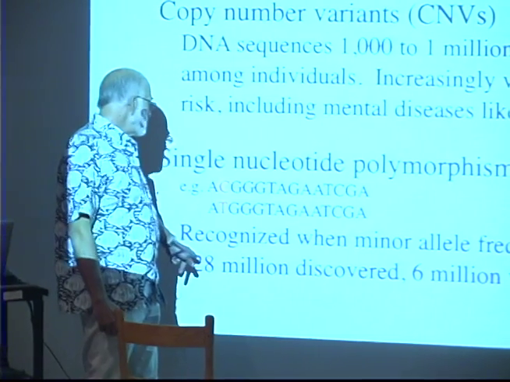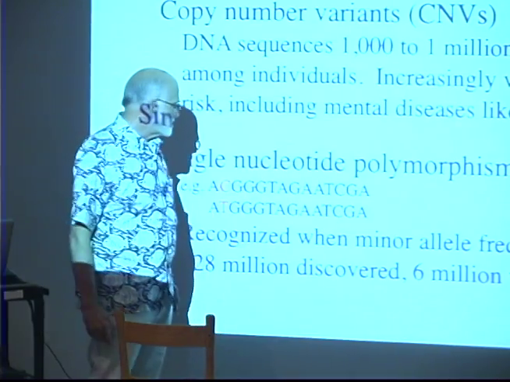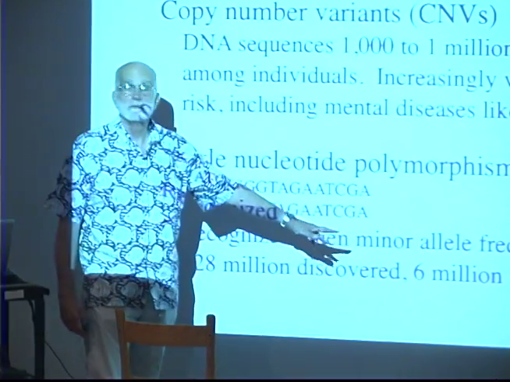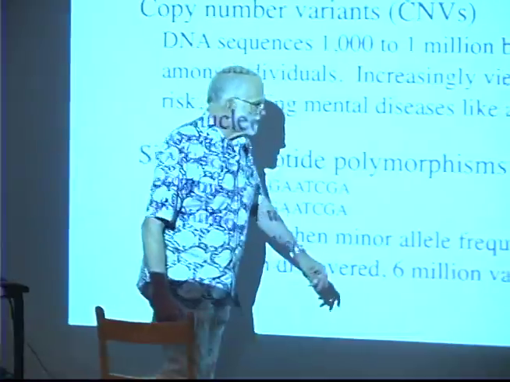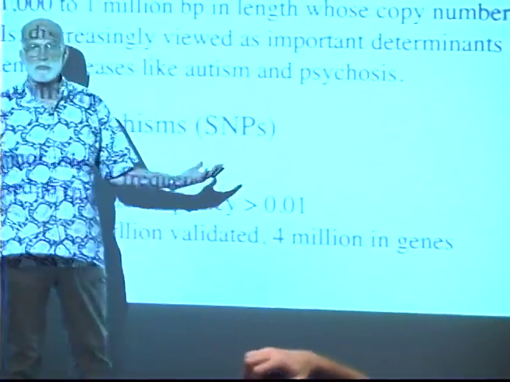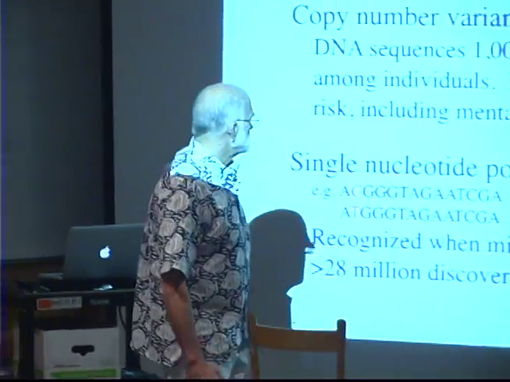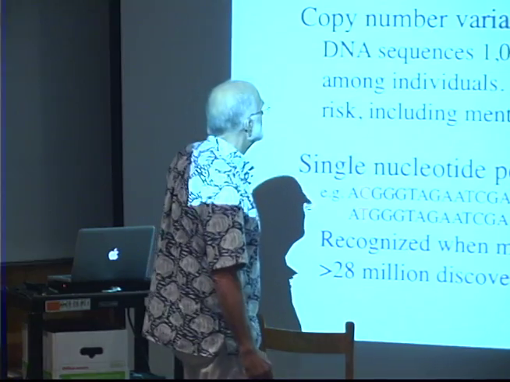There have been 28 million of these discovered, 6 million have been validated, 4 million are in genes. These numbers are going up. So this is just an estimate of what portion of the genome is actually being transcribed and we can call a gene. Much smaller than the total number discovered.